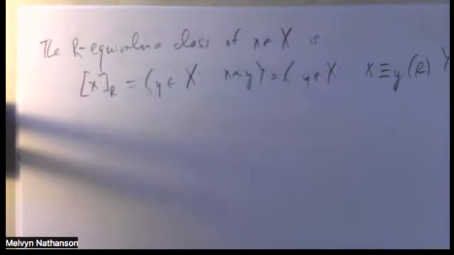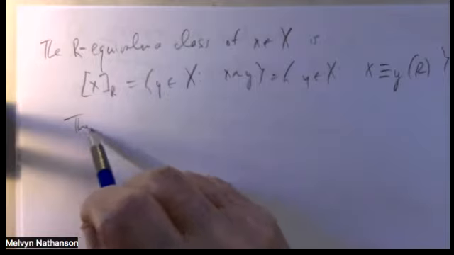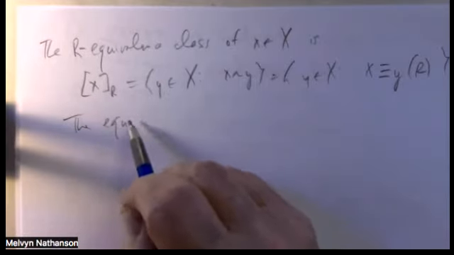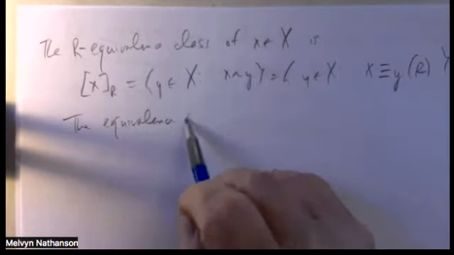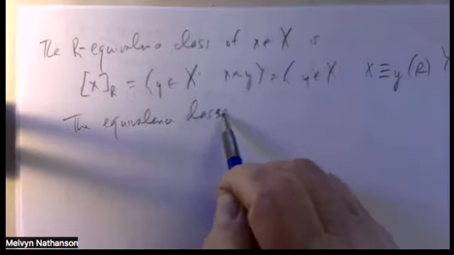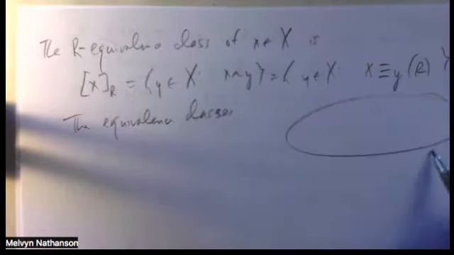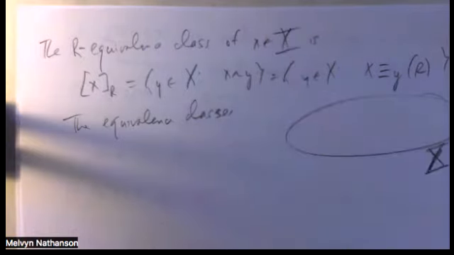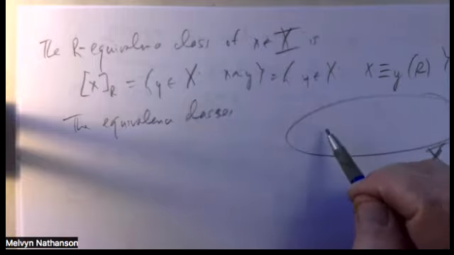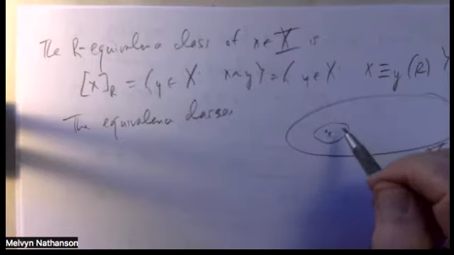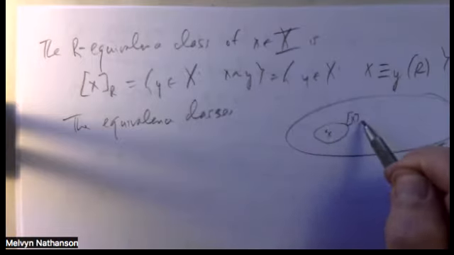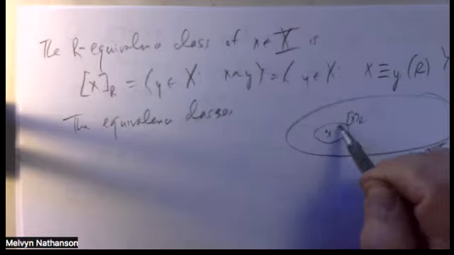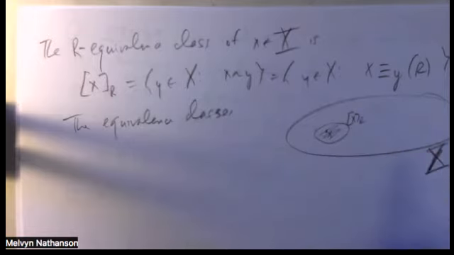And these equivalence classes: see, if this is the set X, capital X, if you take an element x, its equivalence class is a subset, everything that's related to x, some subset of the whole set.